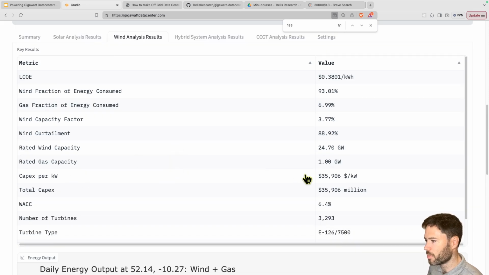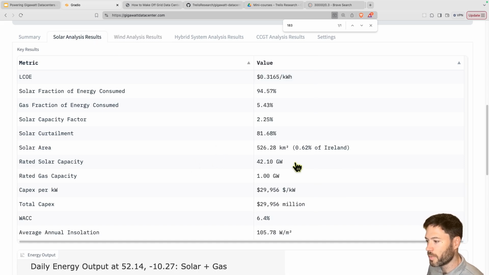You can see here we have to build 24 gigawatts for every 1 gigawatt. And keep in mind that a gigawatt of wind is more expensive than a gigawatt of solar by a factor of about 2 to 3. Whereas in solar, if we do pure solar, it looks bigger. We have 42, but because solar is cheaper on a per kilowatt basis by a factor of 2 to 3, actually this will require us to build less solar in terms of cost than we would have to with wind.